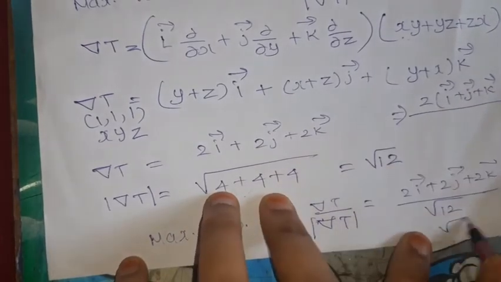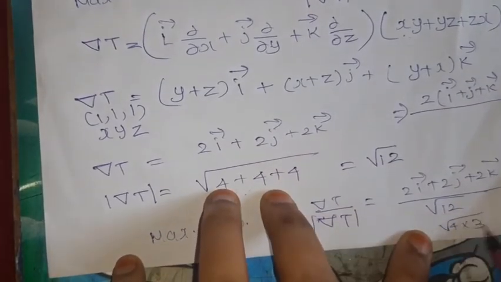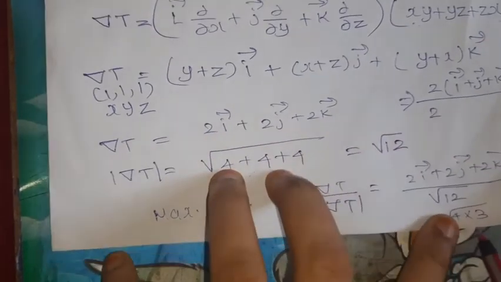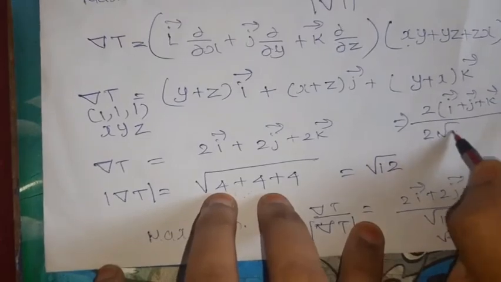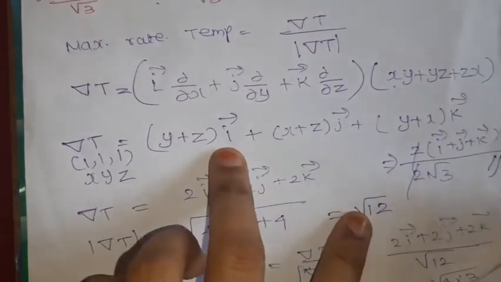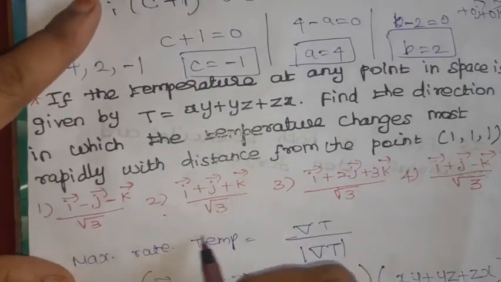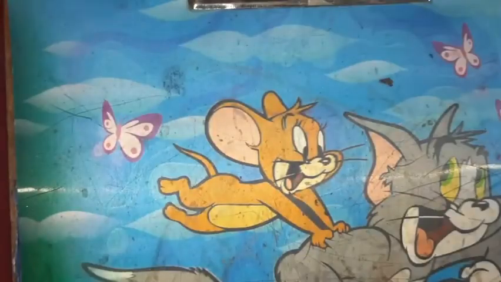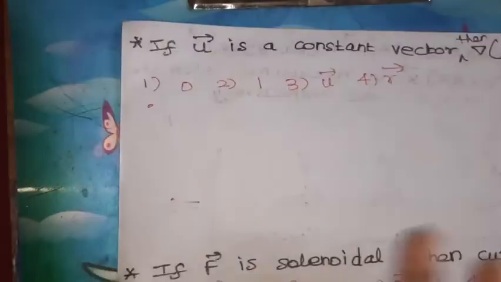The denominator can be written as square root of 4 times 3. What is square root of 4? 2, which comes outside. What remains in the root is root 3. So 2 gets cancelled. So (i plus j plus k) divided by root 3 is the right answer. Okay, we'll move on to the next problem.